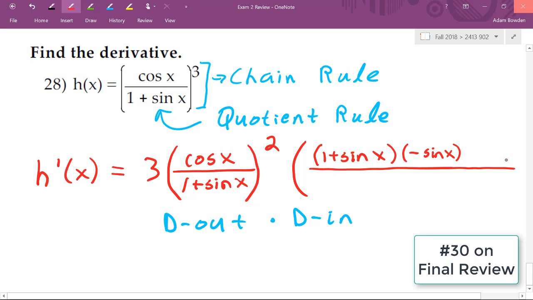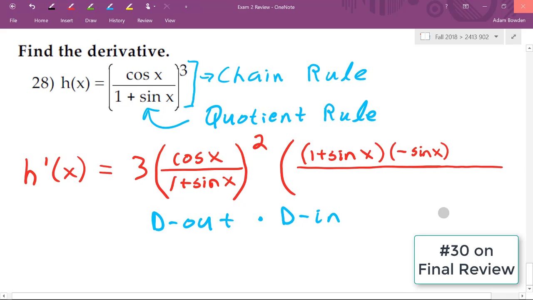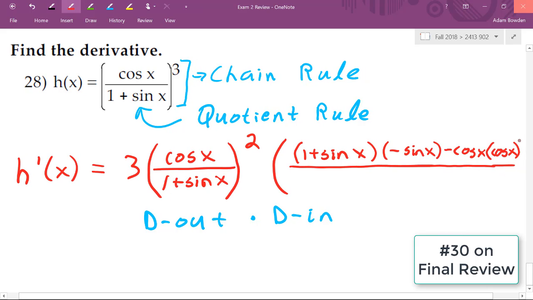Low d high minus high cosine x d low. Derivative of what's underneath is derivative of 1 plus sine x, which is cosine x. All over the square of what's below.